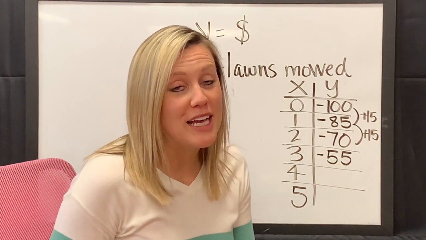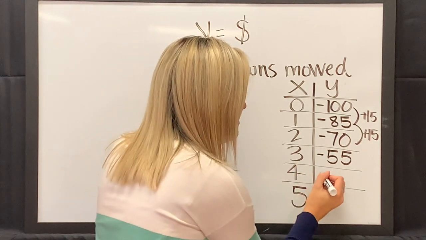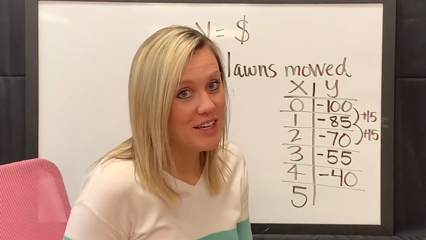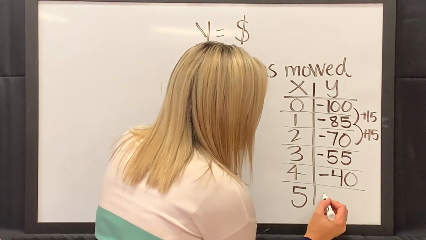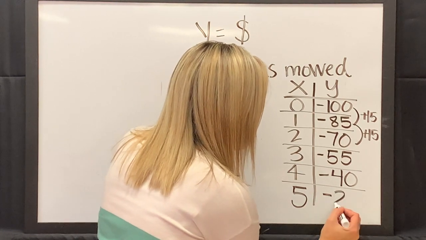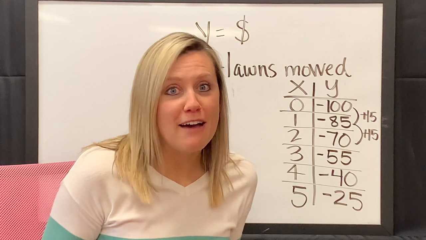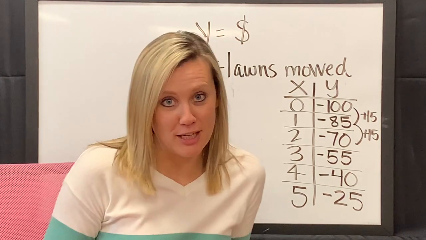How much do you think I would be in debt if I mowed 4 lawns? Only $40 in debt. What about 5 lawns? Okay, after 5 lawns, I'm still in debt, but not quite as much.